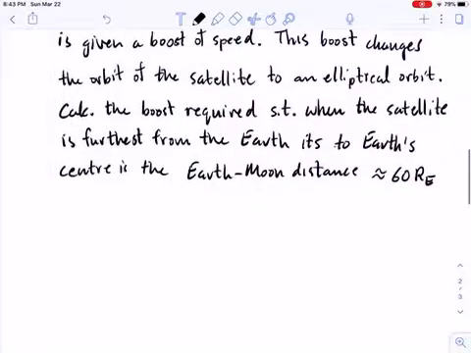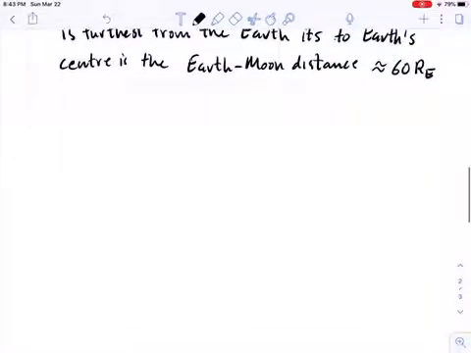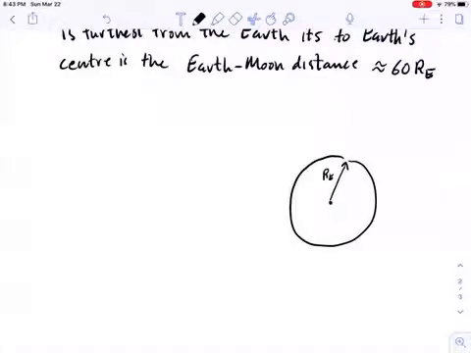Okay, and so let's see if we could draw a picture of what that might look like. So we'll start over here with Earth. And so this is the radius of the Earth. And then we start with a near-Earth circular orbit. And this is a radius r0. What we'll end up doing is we'll assume that r0 is basically equal to the radius of the Earth.